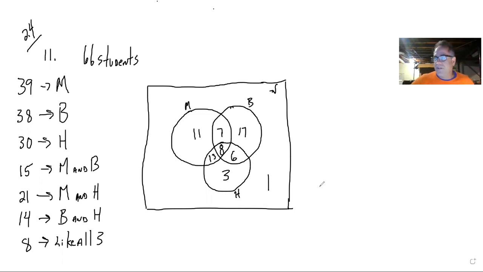All right, so after I've constructed this, the next step would be to type the numbers in, so give me a second. I'm now doing that. 11, 7, 17, 8, 13, 6, 6, 3, and 1.